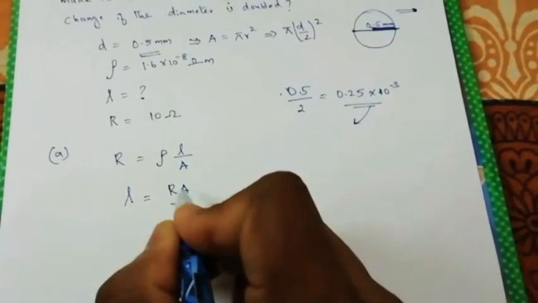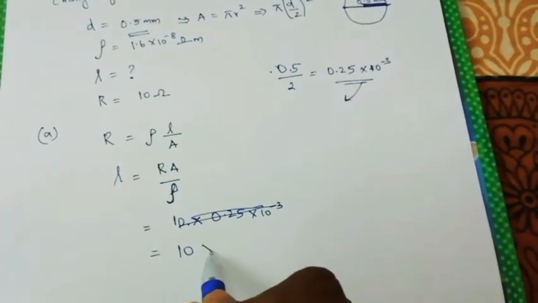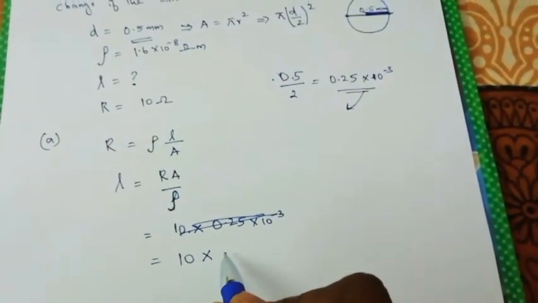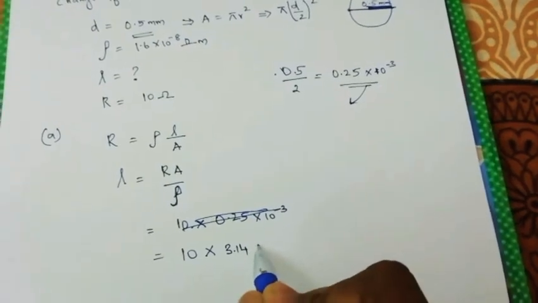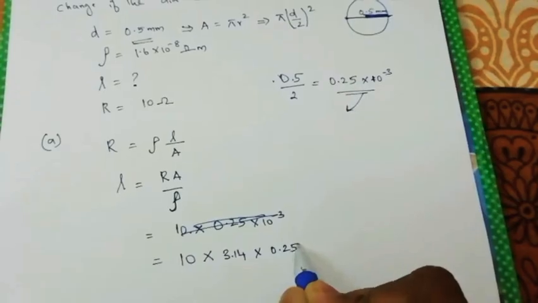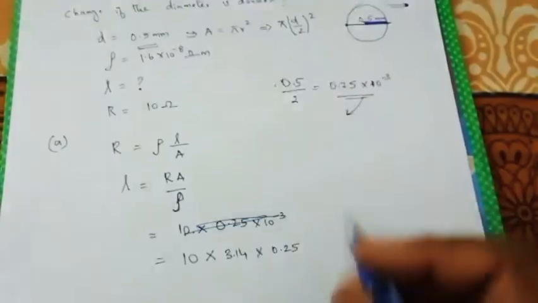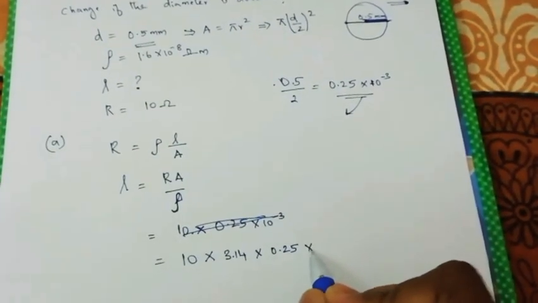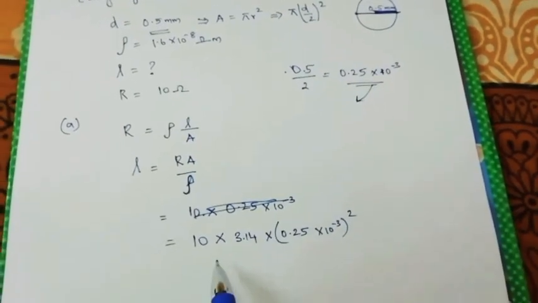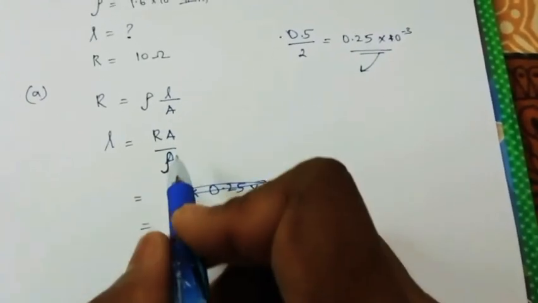Resistance is 10, and pi value is 3.14, into 0.25 into 10 to the power of minus 3, the whole square, divided by rho.